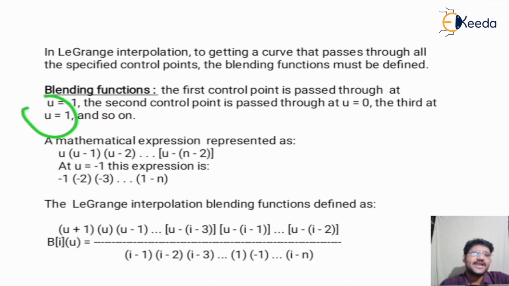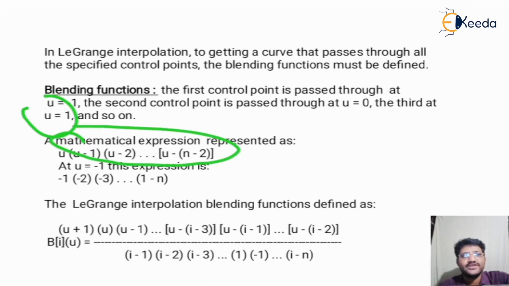The general mathematical expression for this can be represented as u into (u minus 1) into (u minus 2) up to (u minus (n minus 2)), where n is the number of control points.